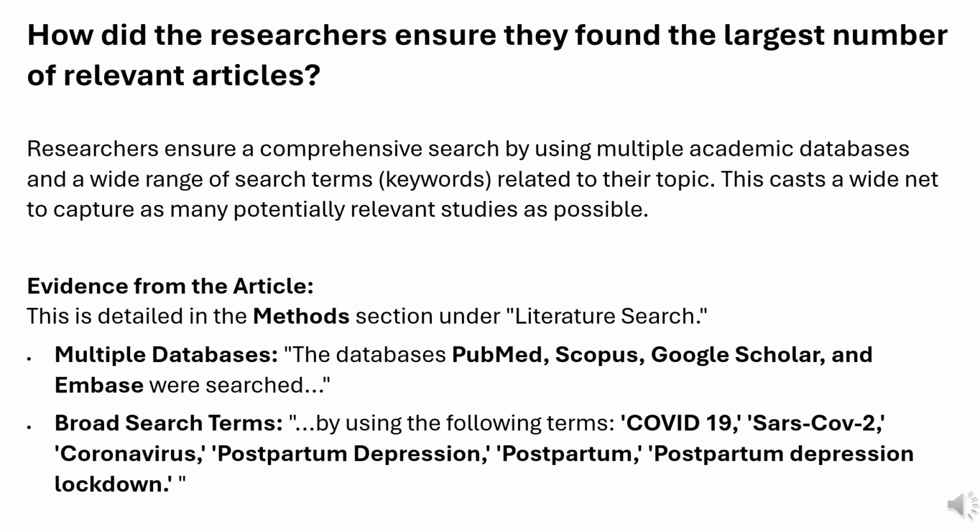This is detailed in the methods section under literature search. Multiple databases. The databases PubMed, Scopus, Google Scholar, and Embase were searched. Broad search terms. By using the following terms: COVID-19, SARS-CoV-2, coronavirus, postpartum depression, postpartum depression lockdown.